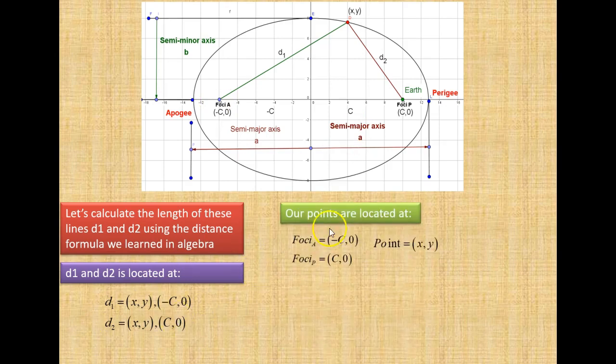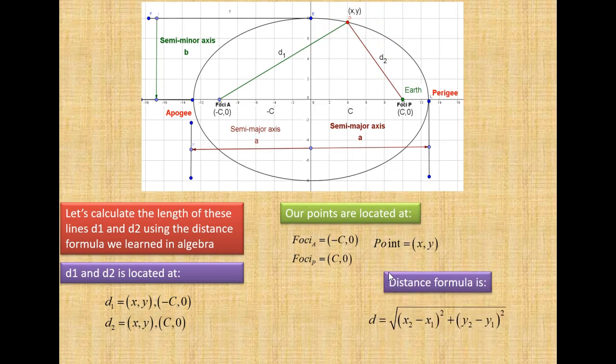Our points are foci A at minus c, 0, foci P at c, 0, and point D at x, y. The distance formula is d equals the square root of the quantity x2 minus x1 squared plus y2 minus y1 squared. That's our distance formula.